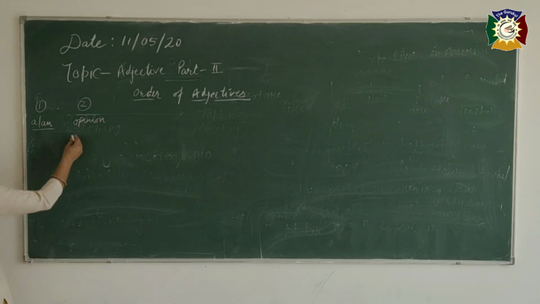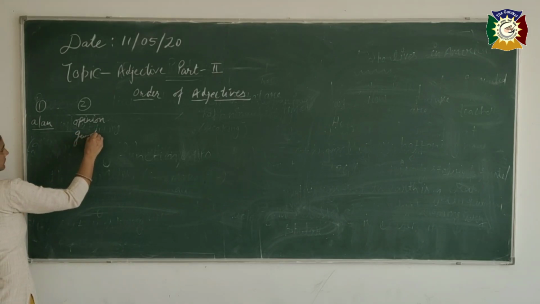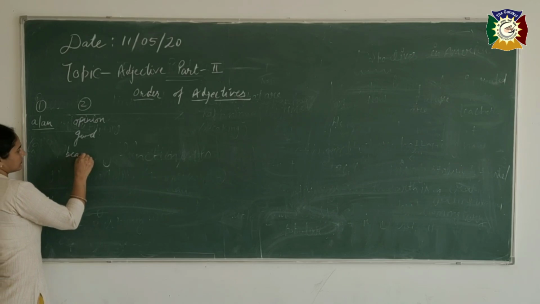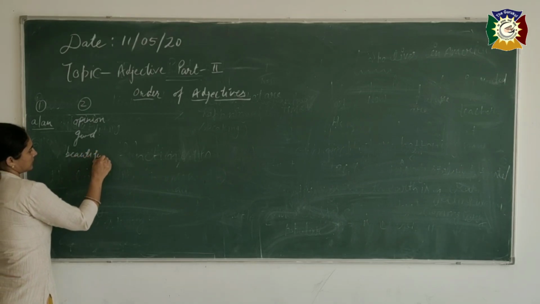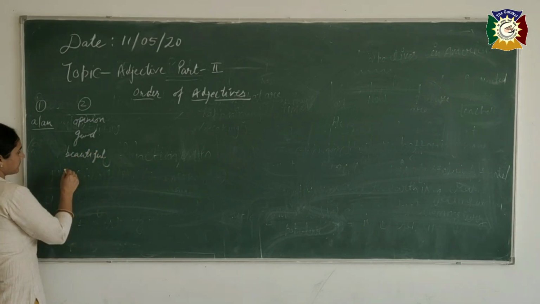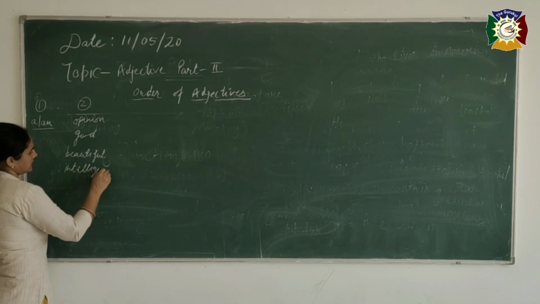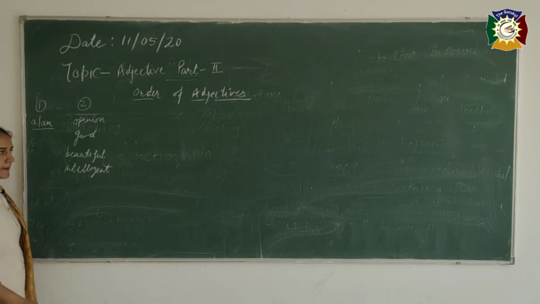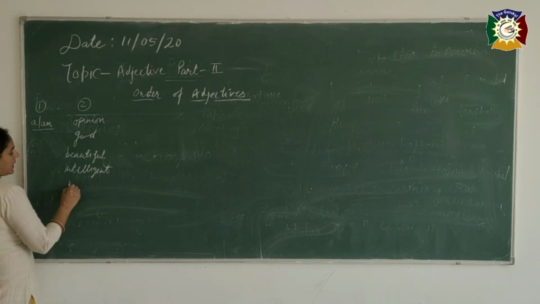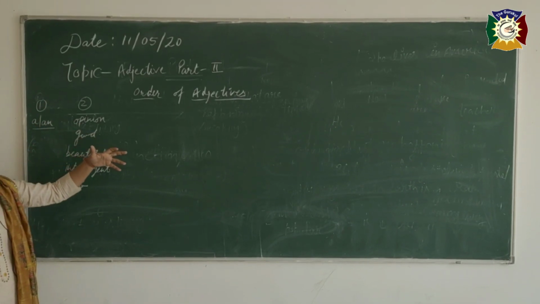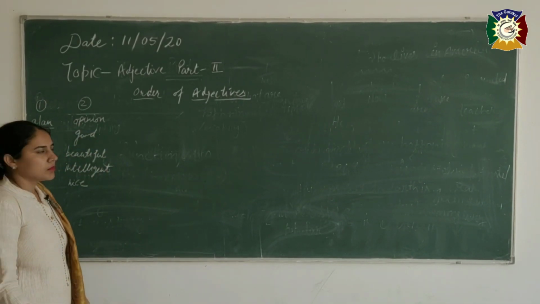Opinion, you can say good: this is a good decision. Beautiful: she is a beautiful lady. Intelligent: he is an intelligent boy. Nice: it is a nice job. These are your opinions. There may be many more.